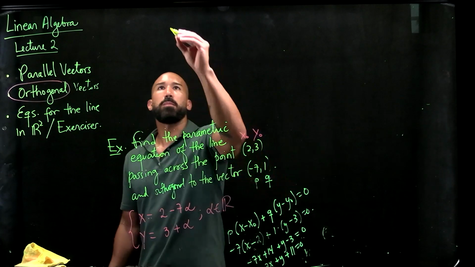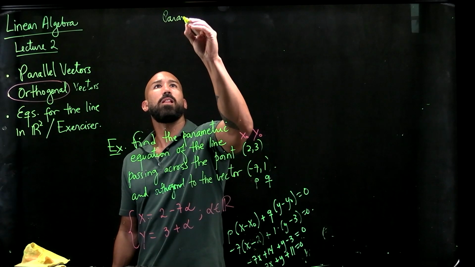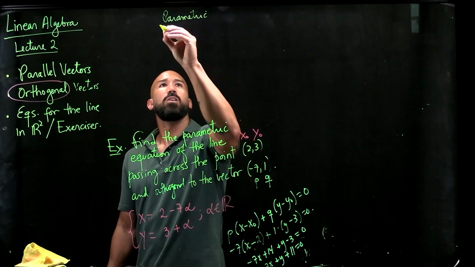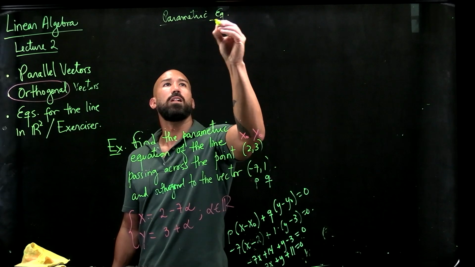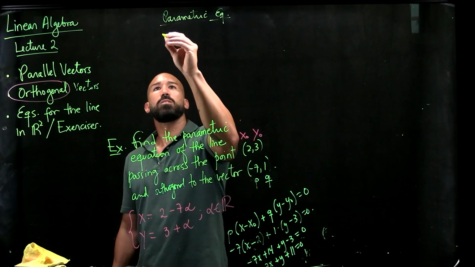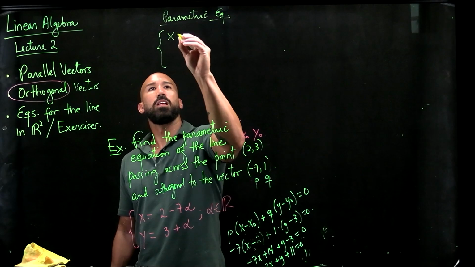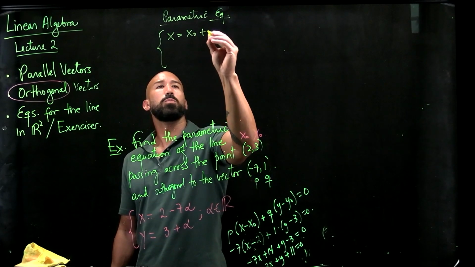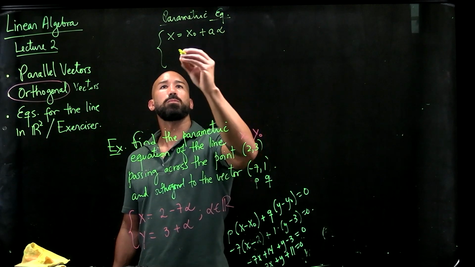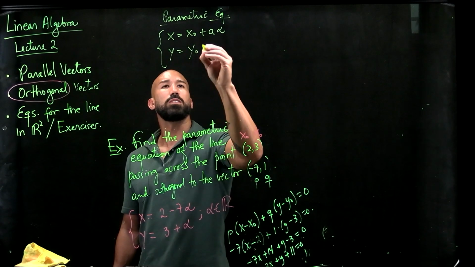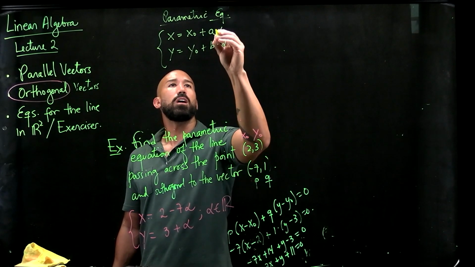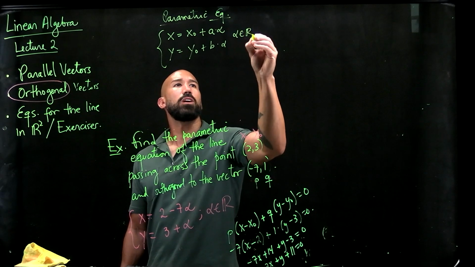Okay, so we have the parametric equation, which is x equals x0 plus a times alpha, y equals y0 plus b times alpha. Alpha is real.